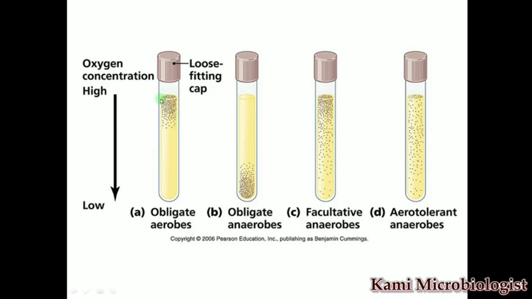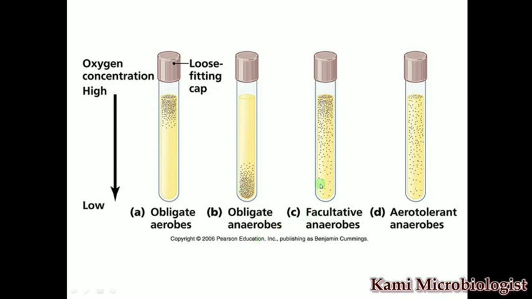If you see the turbidity at the top, note that at the top there is a high concentration of oxygen, so these are the obligate aerobes, because at the higher side the oxygen concentration is high, while at the lower end of the media the oxygen concentration is low. If you find the bacterial growth at the bottom of the tube, it means that these are the obligate anaerobes.